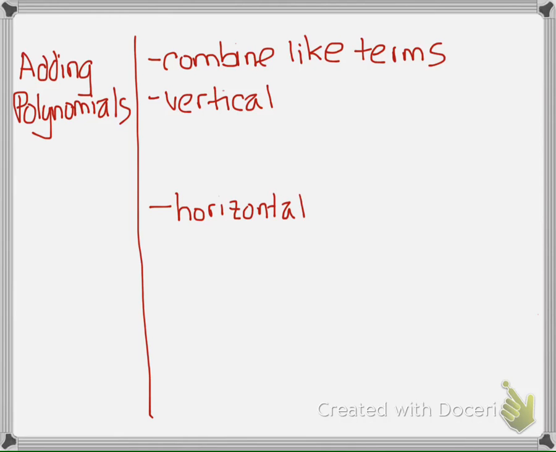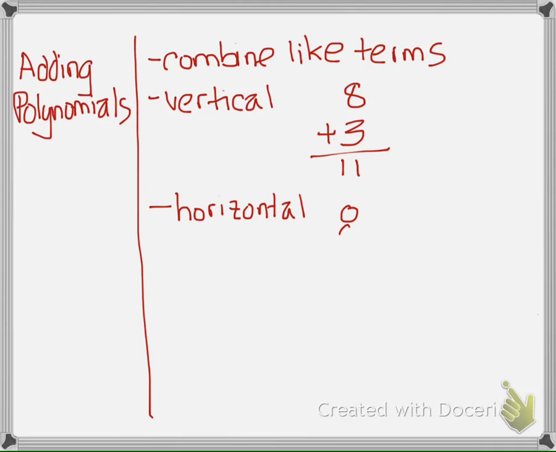Here's what I mean. An example of combining like terms, monomials, for example, we just said earlier that 8 is a polynomial. It's a single term. It's a monomial. And if I try to add it vertically to another monomial, I just combine those like terms, and 8 plus 3 becomes 11.